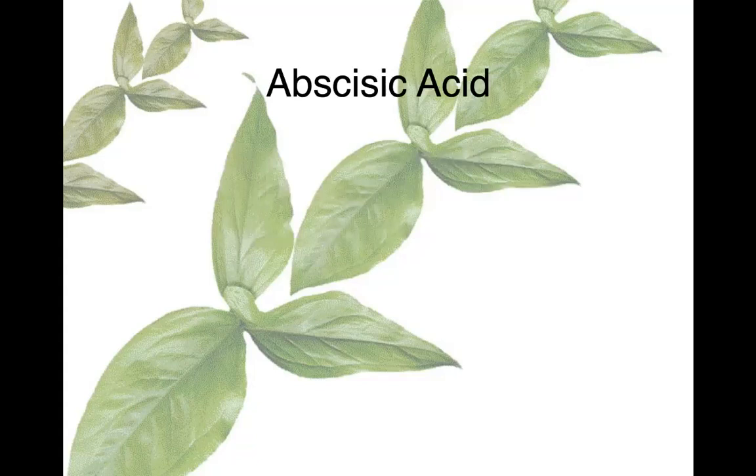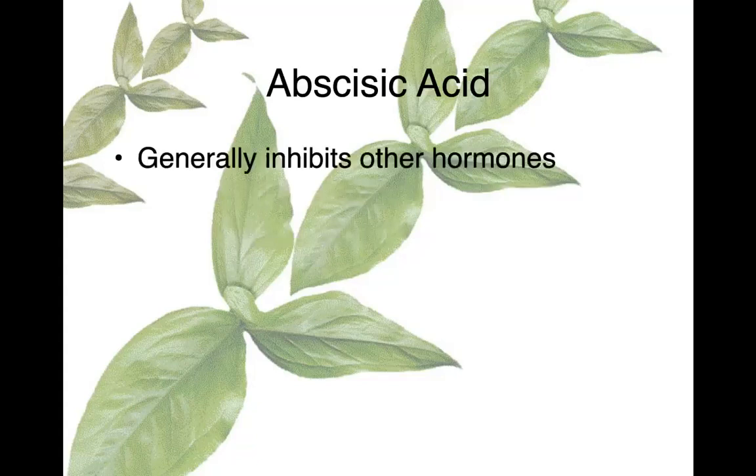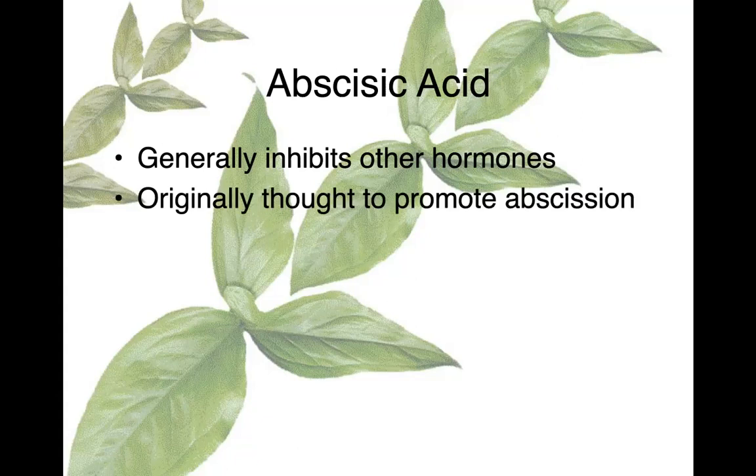And lastly, abscisic acid. This was originally named because it was thought to promote abscission, but it doesn't. Unfortunately, the name stuck. I don't know why they didn't decide to change the name, because ethylene is the plant hormone that promotes abscission, but this is called abscisic acid, which is kind of confusing. Anyway, abscisic acid generally inhibits the other hormones.